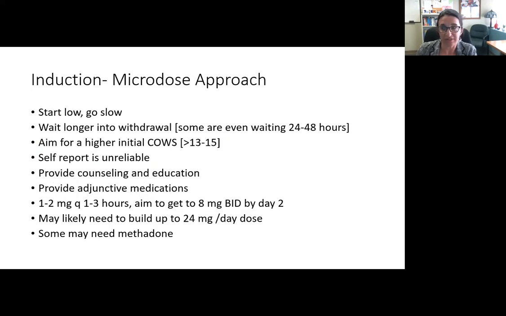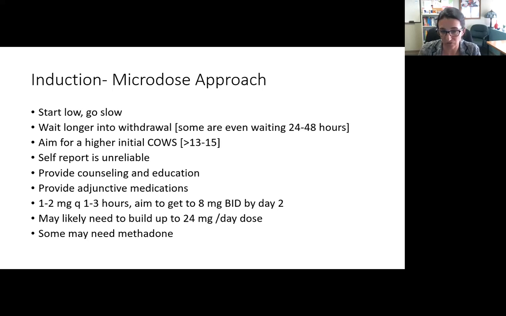So now we're going to touch upon microdose initiations again, but this is in the setting of these high potency opioids. The key to the microdose approach here is starting low and going slow. However, unlike the other slide that I showed you, when someone has stopped using the fentanyl, they're going to wait longer to go into withdrawal, sometimes 24 to 48 hours, and really aim for a higher initial score.